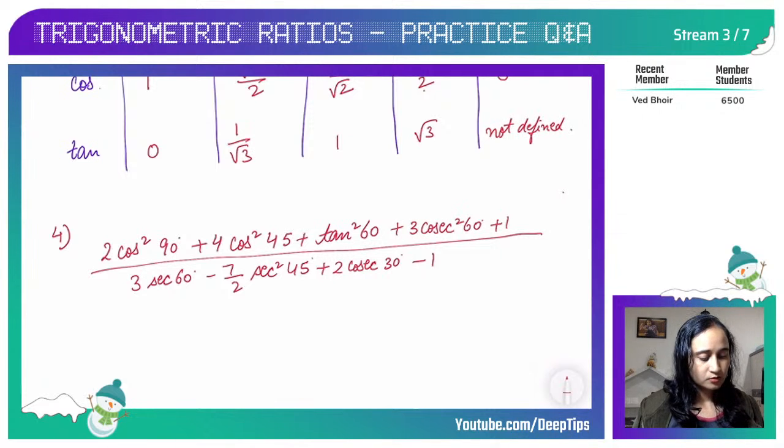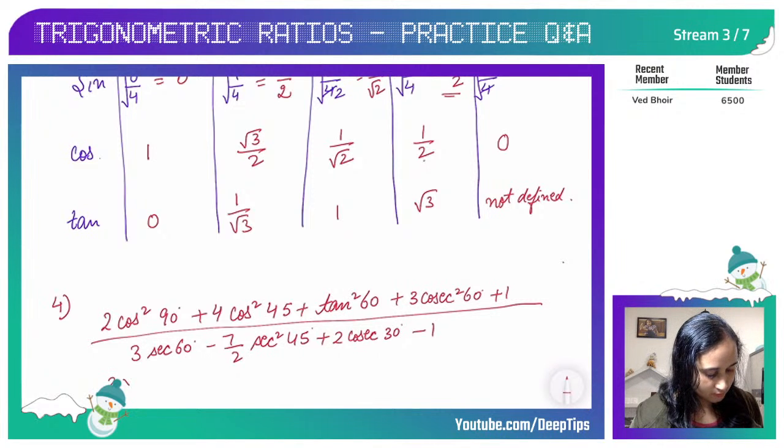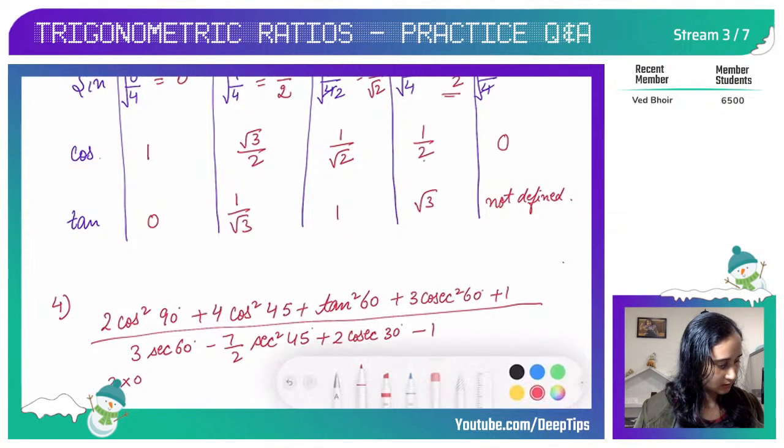Okay, so now 2 cos square 90 degree. For this we should know the value of cos 90, and if you look at this table, cos 90 is 0. So I can just write here 2 into 0. Okay, let's change the color.